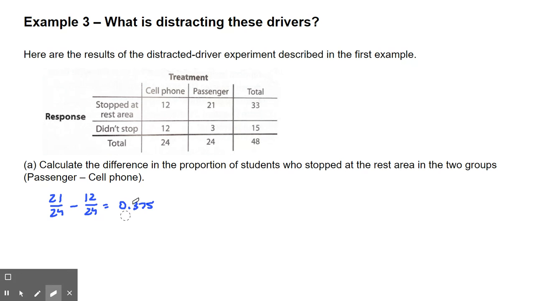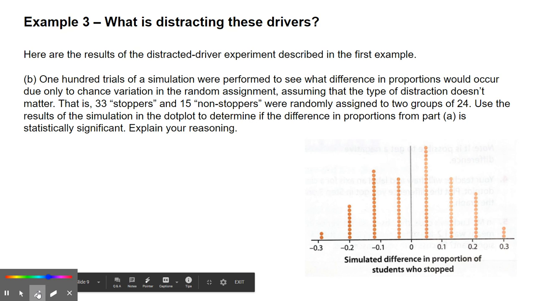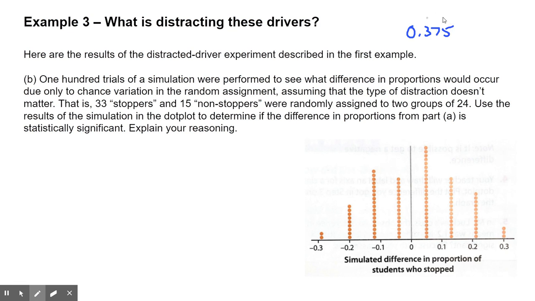All right, so keep that in mind, that 0.375. I'm going to write that on the next slide, right at the top here. So 0.375. That's the observed difference. Okay, so it says 100 trials of a simulation were performed to see what difference in proportions would occur due only to chance variation in the random assignment, assuming that the type of distraction doesn't matter.